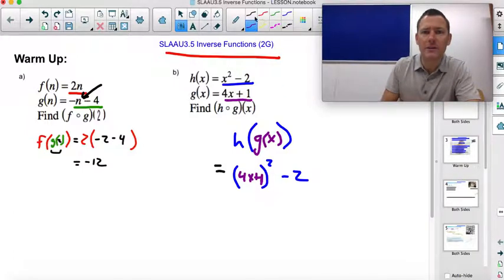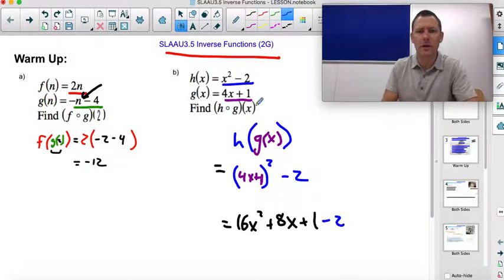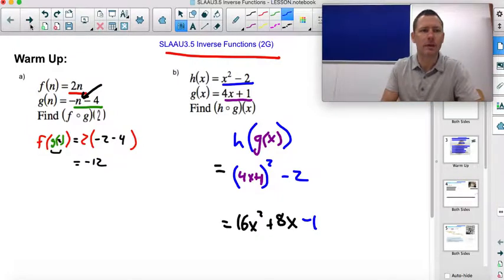Now you could leave it, but best form is to expand this. This is 16x squared plus 8x plus 1. And then this -2 is still hanging out at the back. When you add the 1 and the -2 together, you get -1, sorry. Cool, great, composite functions.